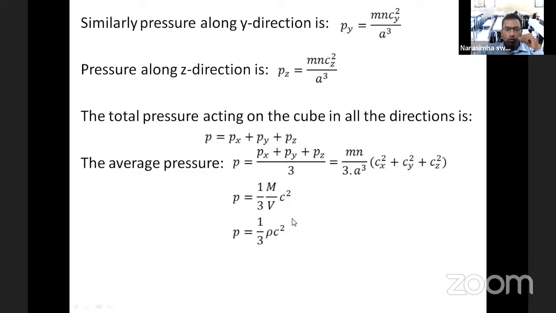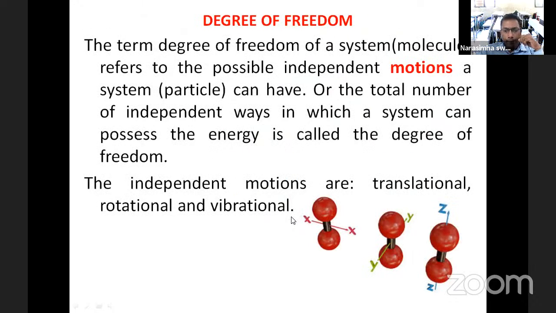Now we will move on to the next topic, the degree of freedom. Degree of freedom gives information about in what directions and in how many dimensions the particles can move. It gives the complete picture of the ways in which particles can move, whether a single particle, a diatomic or a triatomic molecule, because a molecule is a composition of a number of particles.